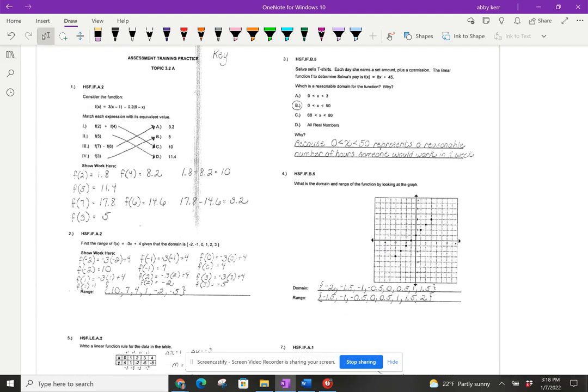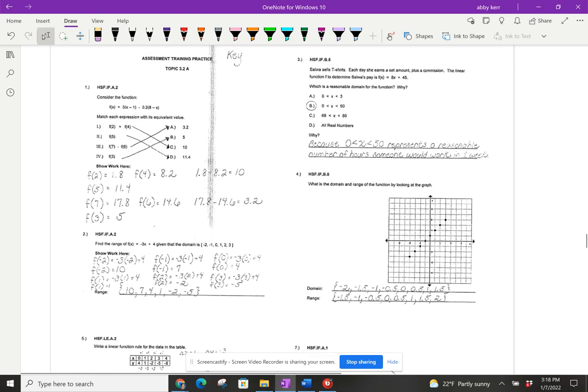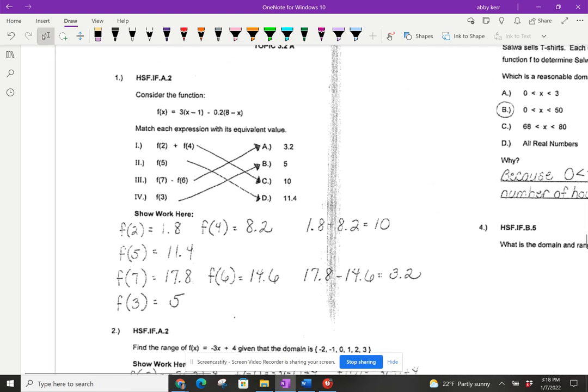So for number 1 on topic 3.2, you're going to have 2 problems. You're going to plug in 2 for the x's and evaluate that. You put it in the calculator and you get 1.8.